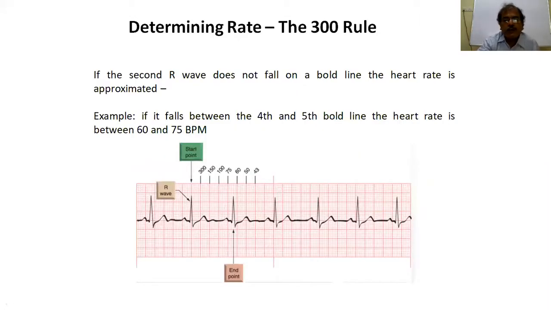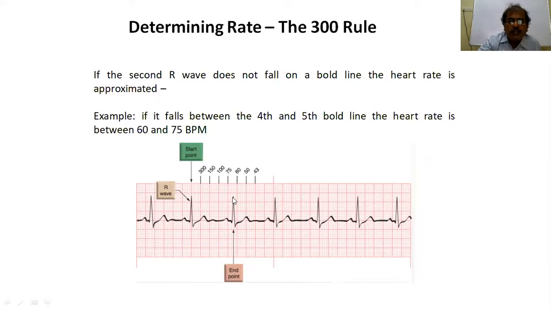That means big boxes between two RR intervals. Now, in the beginning, I said to find a QRS complex which coincides with the bold line. If the second R wave does not fall on a bold line, the heart rate is approximated. Suppose here it is in between.